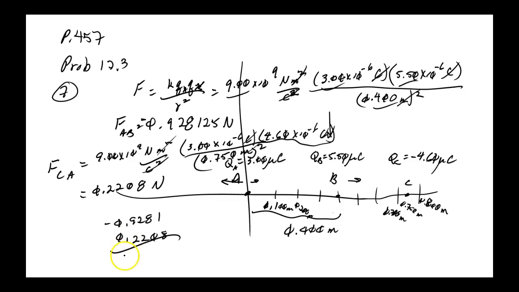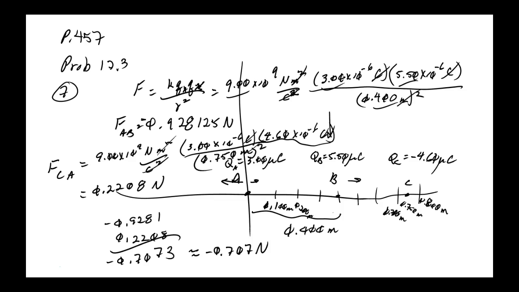So when you do those together, you get a negative 0.7073, which is negative 0.707 newtons. And the back of the book says 707. Okay, and it should be negative. The book has it positive, so that's wacko, because it's moving to the left.